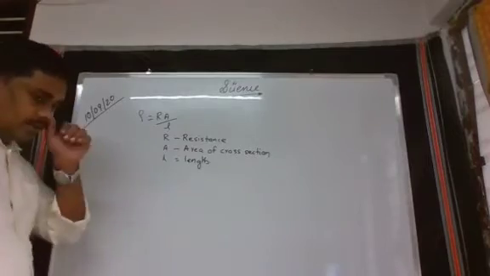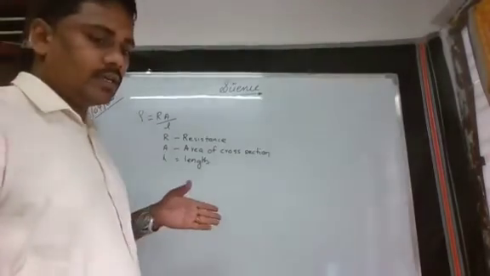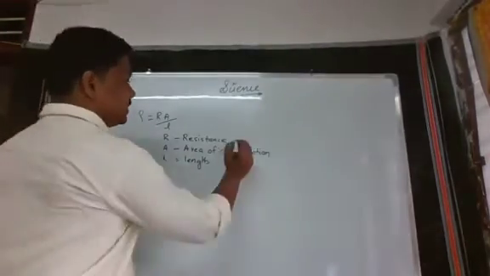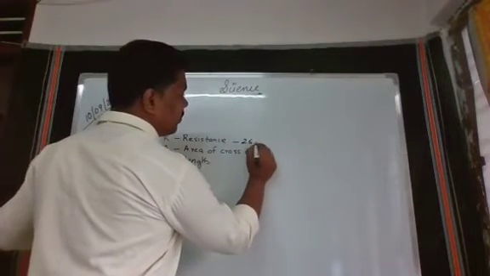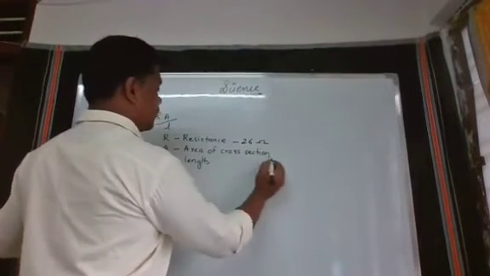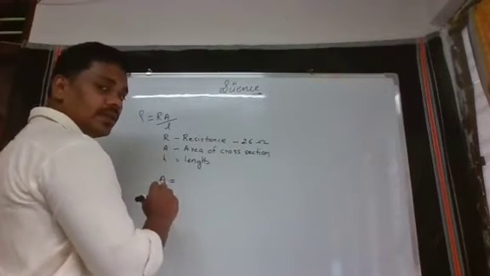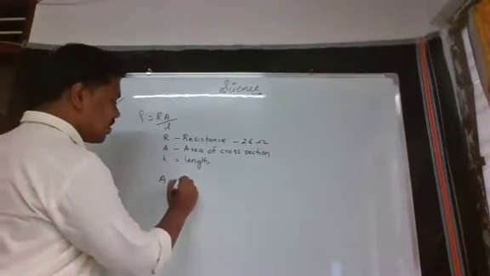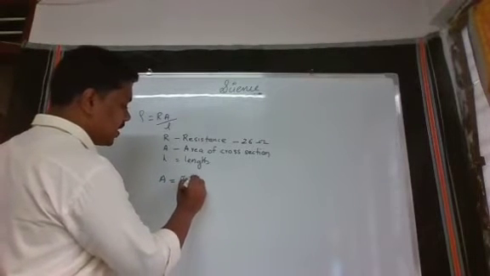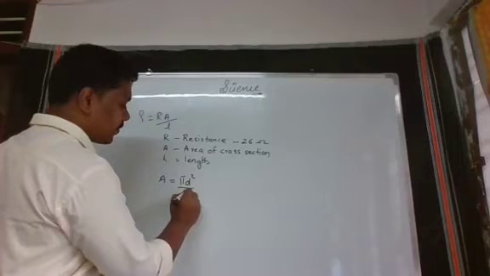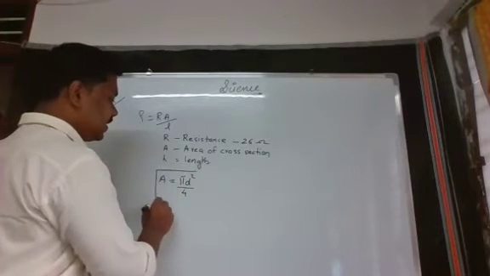In our question, the resistance is given as 26 ohm, and we have to find the area of cross section. We know the formula for area of cross section is pi d square by 4, so we are substituting this formula.